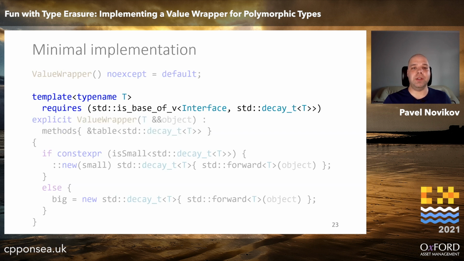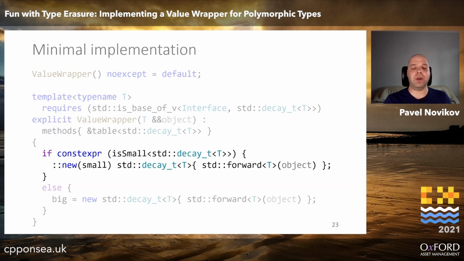And here we can see that we use the constraint that the type of the object must be derived from the interface. And in the constructor, we initialize the pointer to methods with a pointer to the table from the static variable for the actual type of the object provided, the decayed T type.